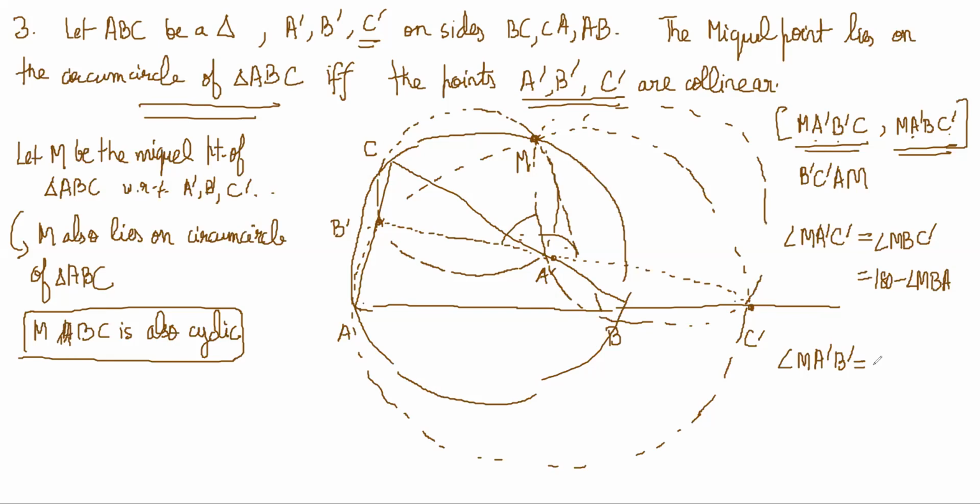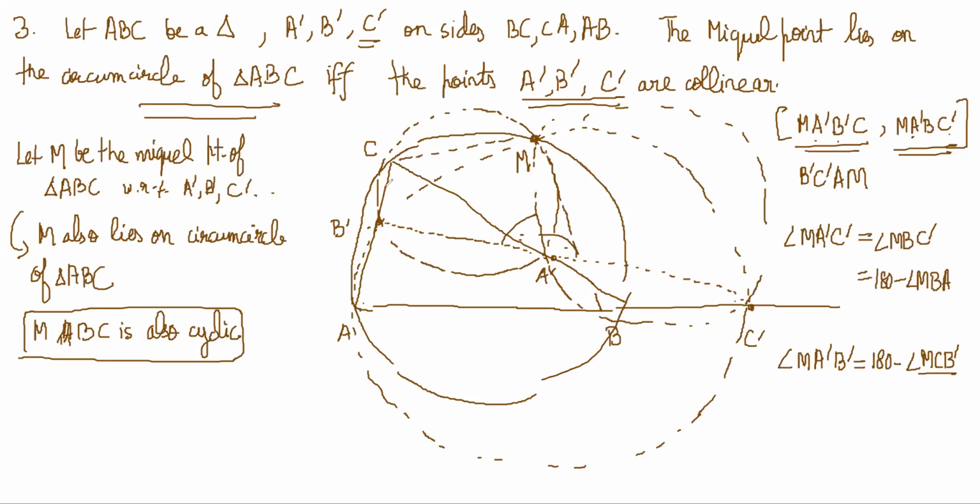It is going to be equal to, that is also correct actually, but it is not equal to that. It is 180 minus MB'C, no? Yeah. MCB', right? This MA'B' is 180 minus MCB', right? Yes.